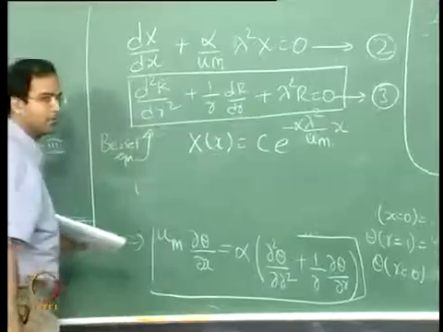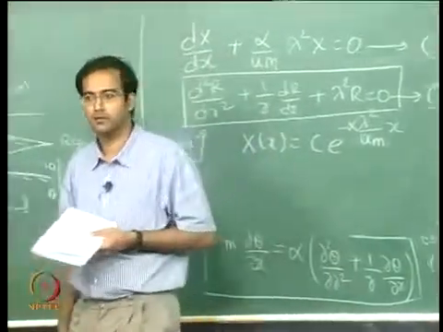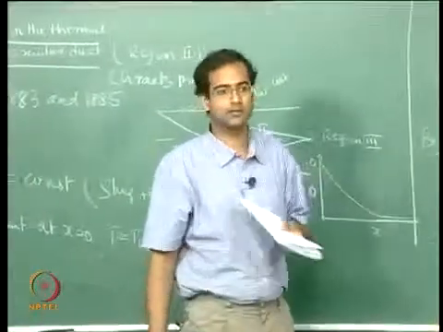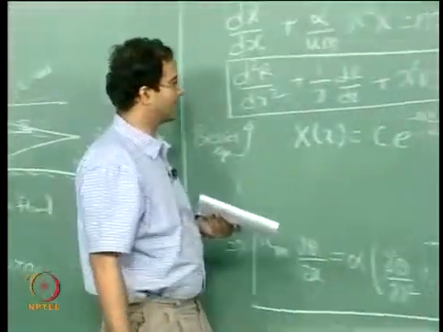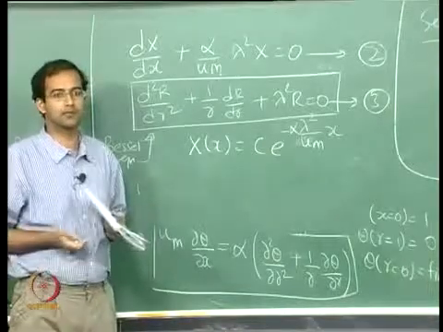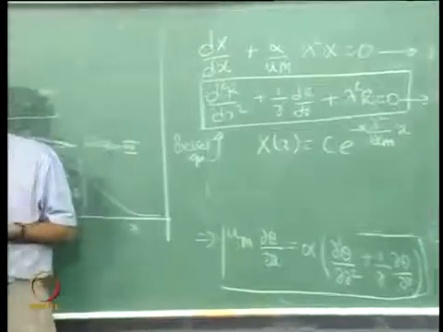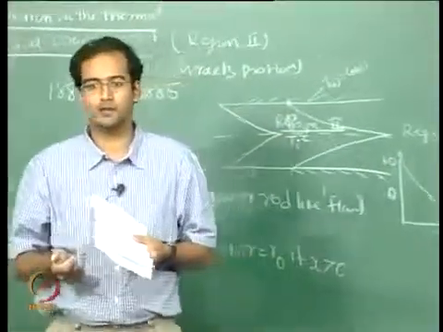For people who don't know what Bessel equations are, I will give a brief overview tomorrow about the Bessel equation and the general solution to the Bessel equation. Generally for problems in cylindrical coordinate systems, when you try to do a separation of variables, you end up converting that into a Bessel equation.